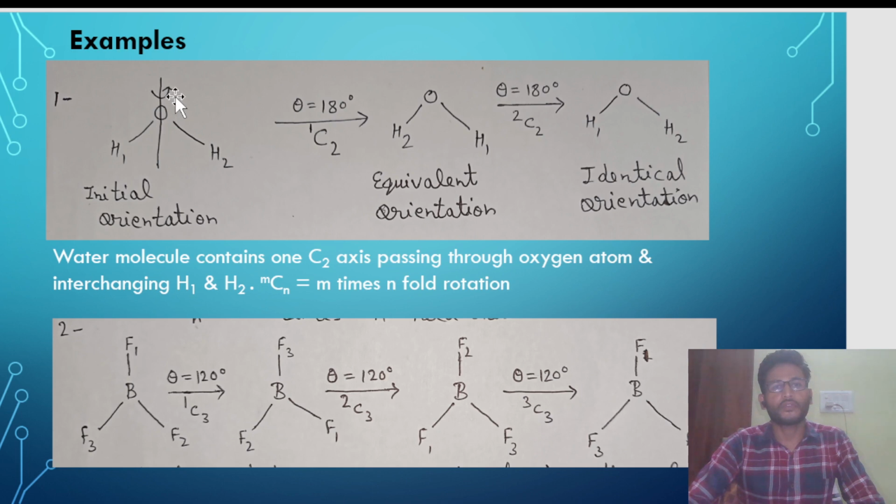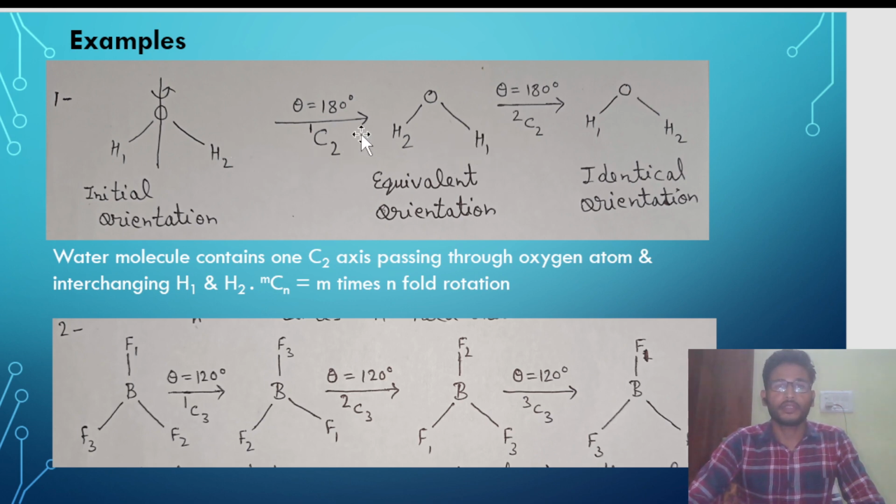In this case, when we rotate the water molecule around this imaginary axis by 180 degrees, we get this equivalent orientation in which H1 is interchanged by H2 and H2 is interchanged by H1.